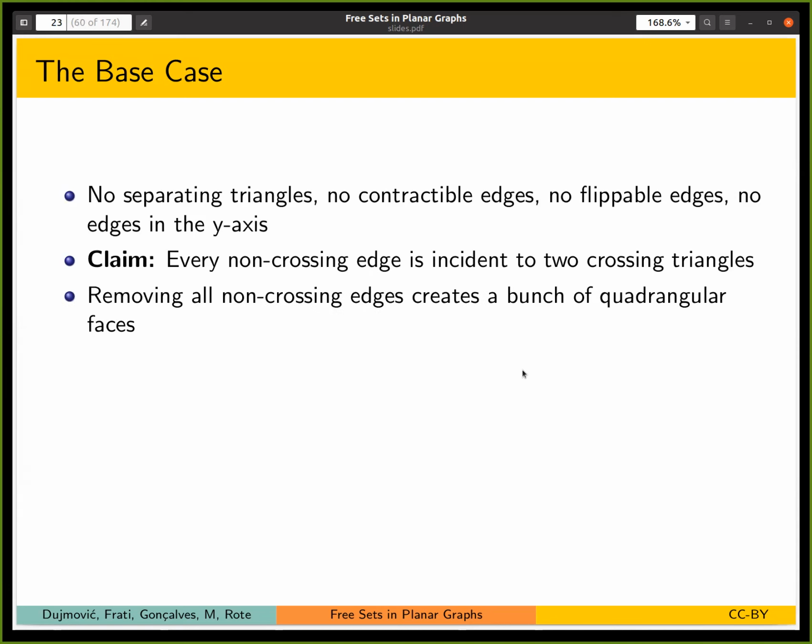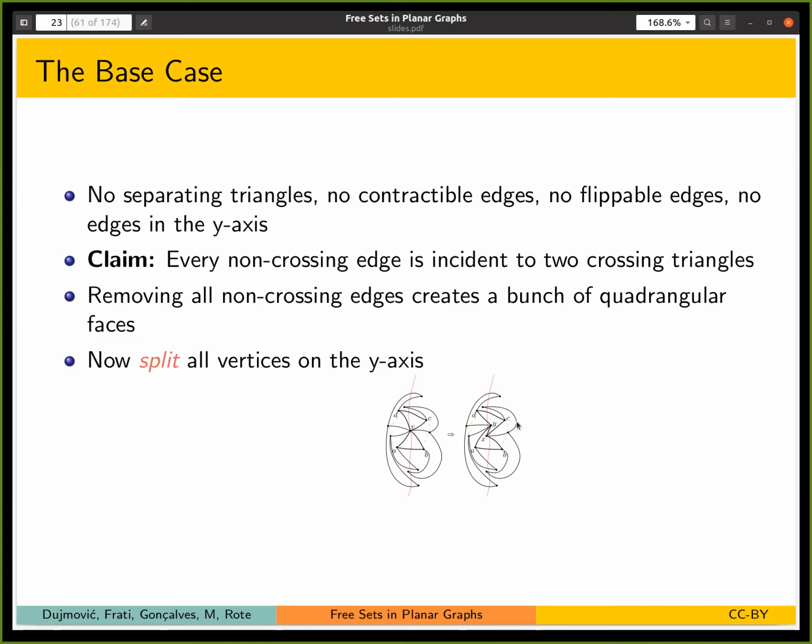Okay, so that's saying that I have an edge that lives on one side of the y-axis, but both its incident faces cross the y-axis. If I take all of those edges away, when I take one of those edges away, those two triangles become a quadrangular face, all of whose edges cross the y-axis. And if I do that to all of those edges and take them away, I have only quadrangular faces that cross the y-axis. Okay.